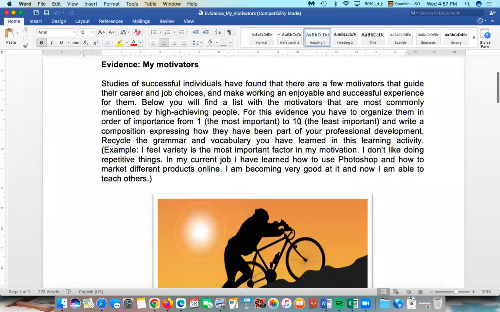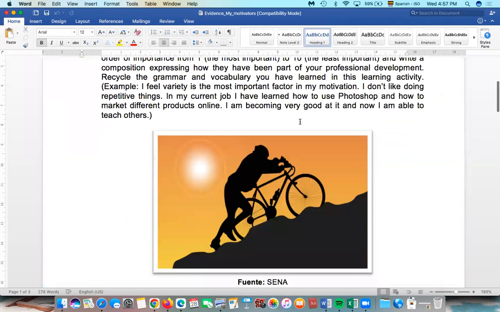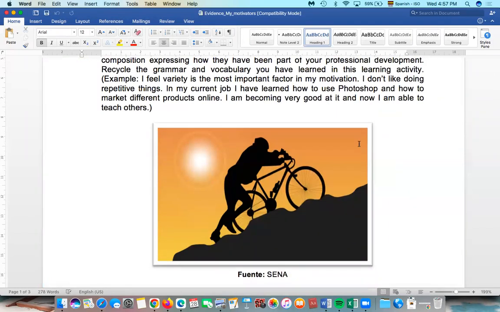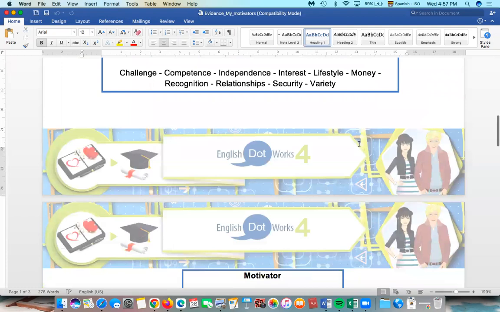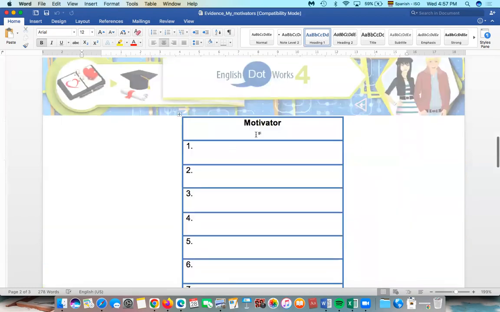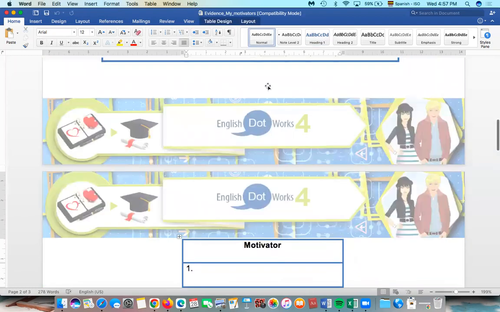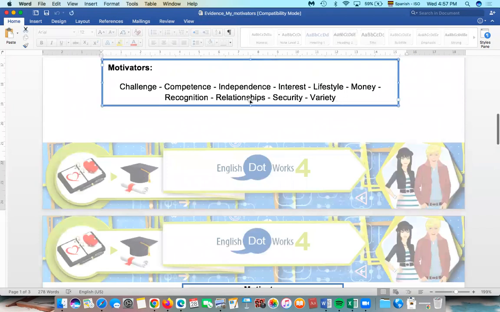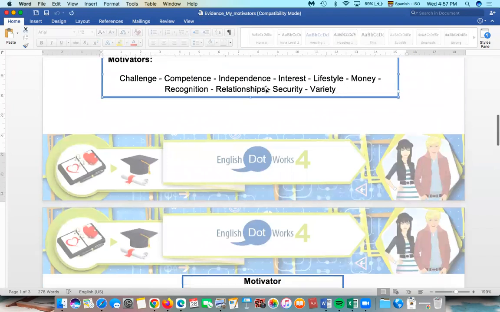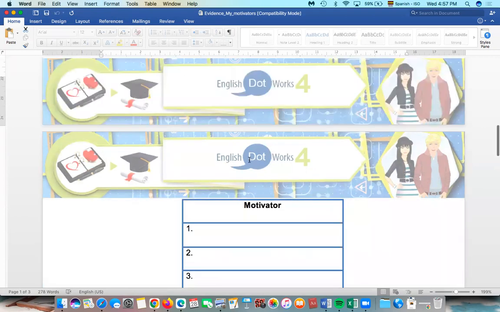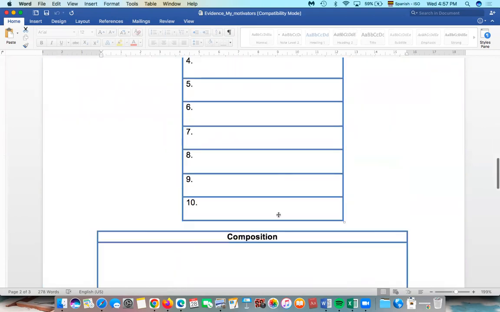So just organize them in how important they are to you, and you need to say why the first one is important. If you consider that relationships are your number one thing, more than independence or competence or challenge, or if you think that money is your first one thing, why is it? Or if it's security or challenge. So you're going to categorize them and you're going to say why.